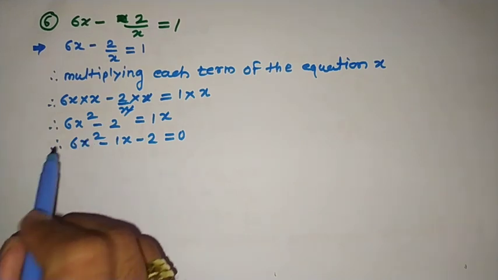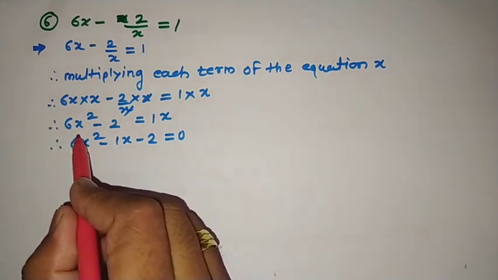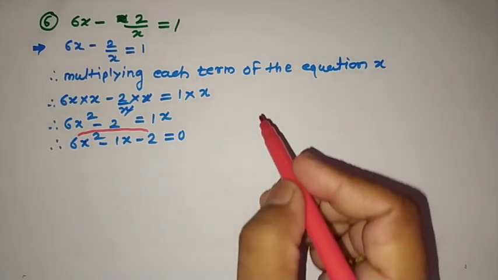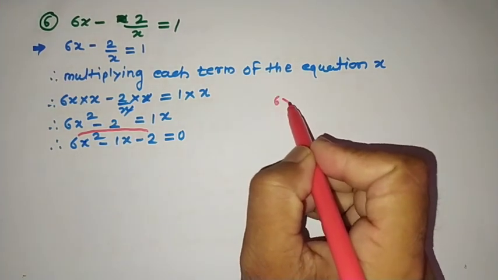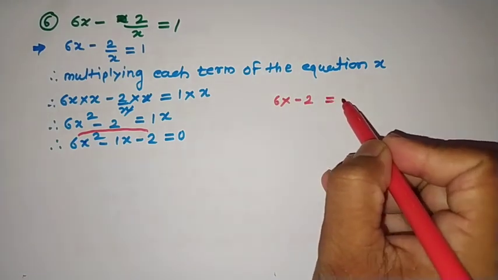Factorize: the first number is the x square coefficient 6 and the constant term is minus 2. The multiplication of the two numbers 6 and minus 2 is equal to minus 12.